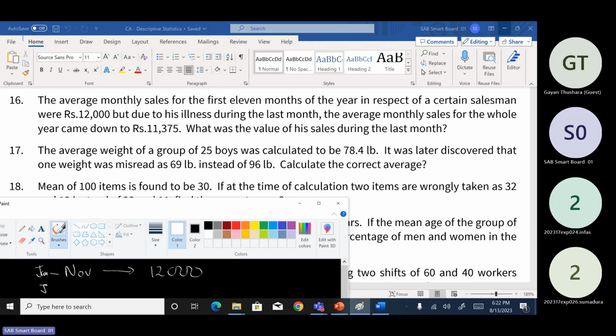Then January to December, the average given is 11,375. So they are asking us the last month, December sale.